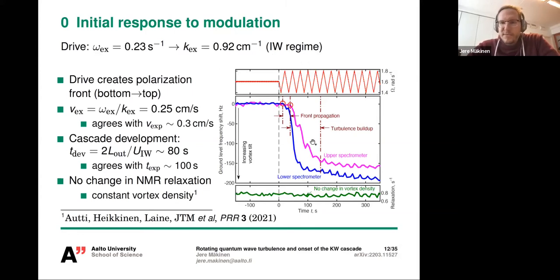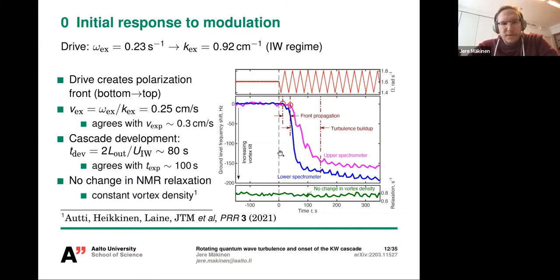We have two spectrometers, as I mentioned. They're separated by some 9 centimeters. What we observe is that we see the lower spectrometer react first, and then the upper spectrometer a bit later, which means that there is some sort of vortex polarization that propagates from bottom to top, starting from the center volume.